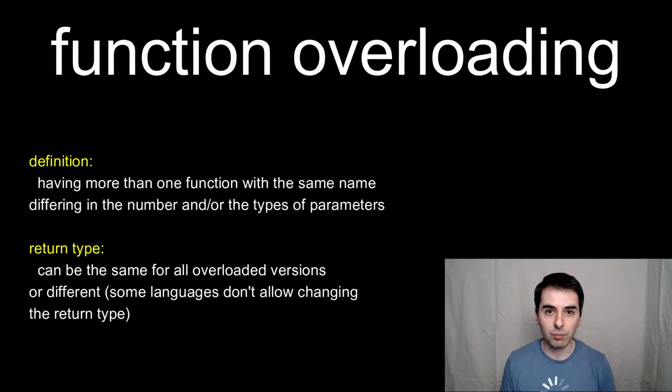That's the key point of the overloading concept. So if you have two functions with the same name with different parameter lists, these are called overloaded functions. And the use of this is basically a convenience of having the same function operating on different types of arguments or different number of arguments.